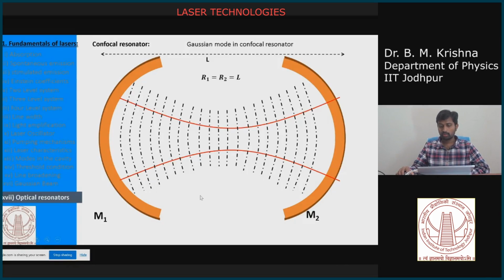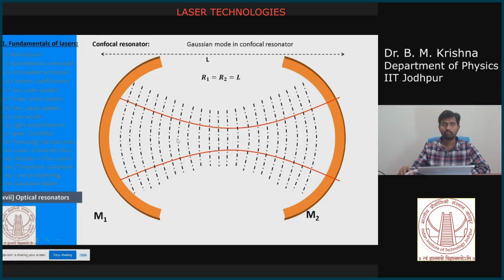Now if you have a beam, in principle the light tries to get the minimum spot size at the center. At the center you have a plane wave, which means the phase is constant.